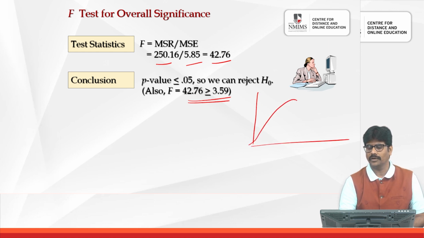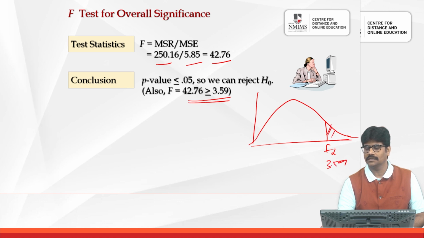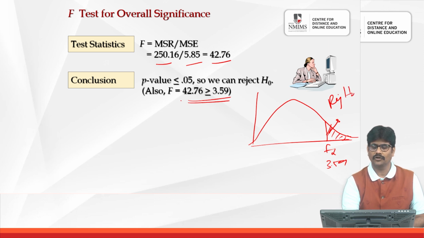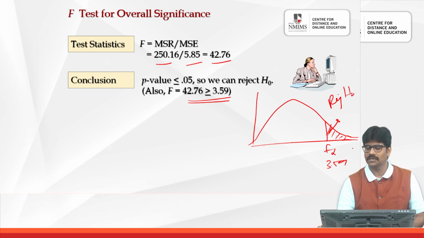You can imagine it like this: the F distribution is a little right-skewed. F alpha is here, which is 3.59, and this is my rejection region, reject H naught. Obviously 42.76 falls inside the rejection region, and hence I reject H naught.